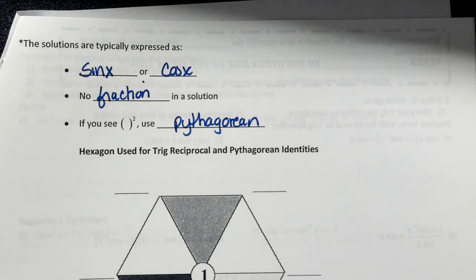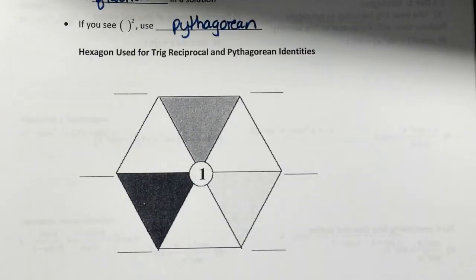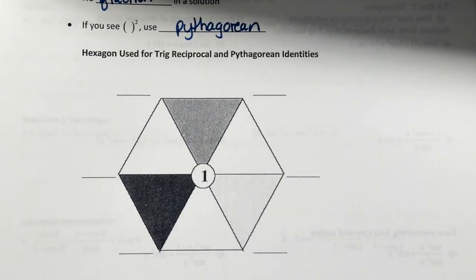This hexagon may help some of you memorize the Pythagorean identities. How many sides does a hexagon have? 6. How many trig functions do we have? 6. Some of you will straight memorize, and some of you will find this visual tool helpful to memorize or to see what the Pythagorean identities are.